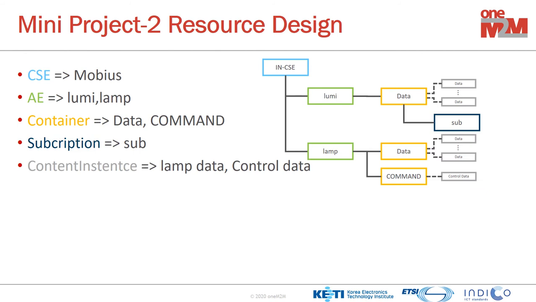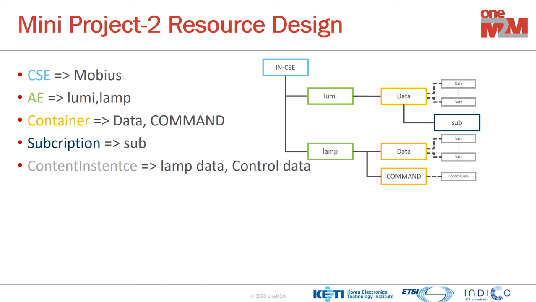So let's design the resource tree, because in all the cases when we build oneM2M applications, including the home automation service application, we should design the resource tree first. And in the CSE base, we create two virtual devices. One is the luminosity sensor, and the other one is the lamp as an actuator.